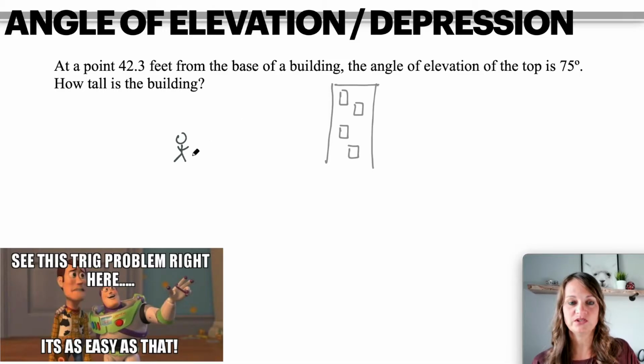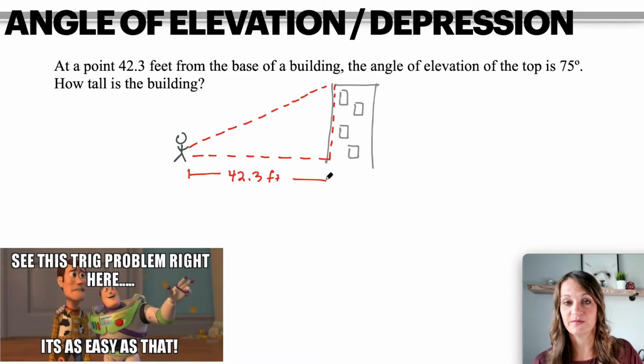So if we were to take and create a triangle based off of a person looking up at an angle of elevation to this building, we know that the person is 42.3 feet away from the building, and we know that the angle of elevation to the top is 75 degrees.